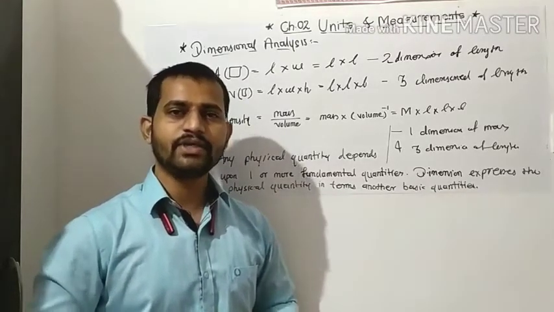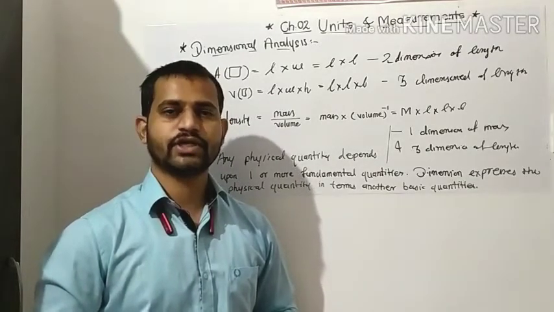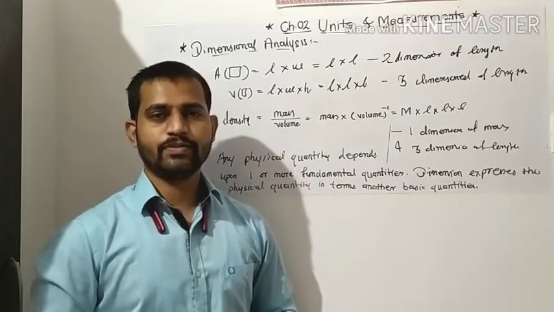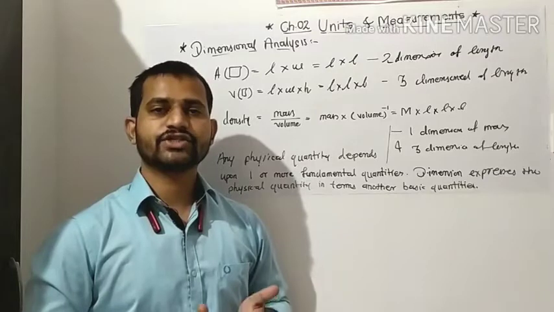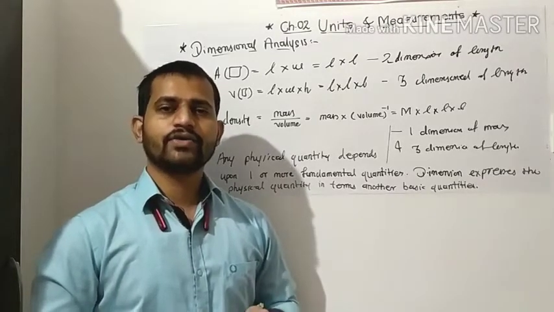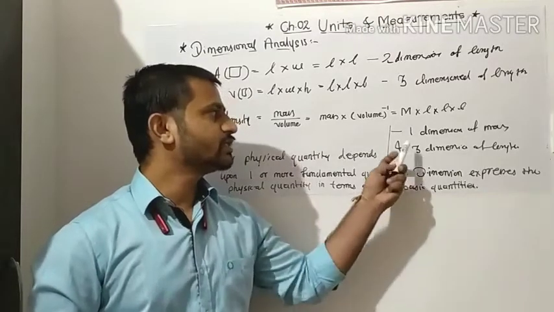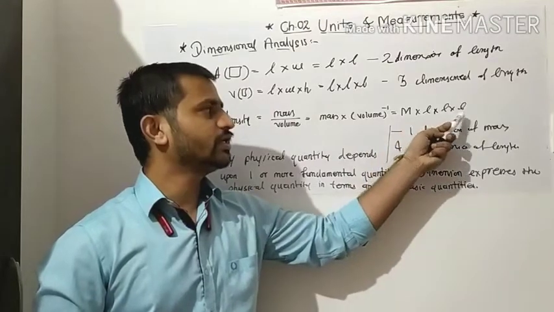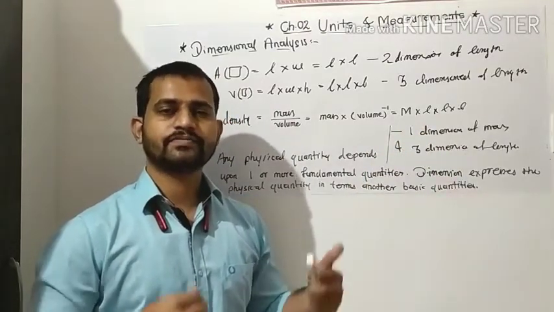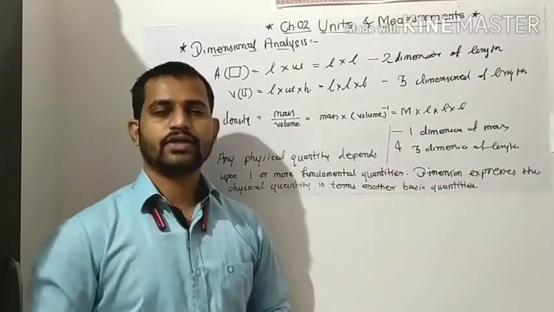So that is the dimensions, and we have to analyze these dimensions in our physics. For that purpose we have to go for the dimension formula. How can we write the dimension formula? Here we express mass into length into length into length, so instead we write it in terms of power, like mass into L cube.